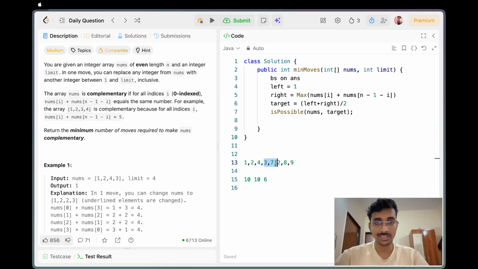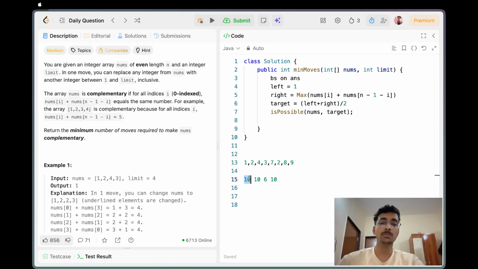Wow, such a nice example. So here I will consider 10 as my target, because it has the highest frequency, which leads me to make changes for the minimum number of elements. Okay, that's a crazy question.